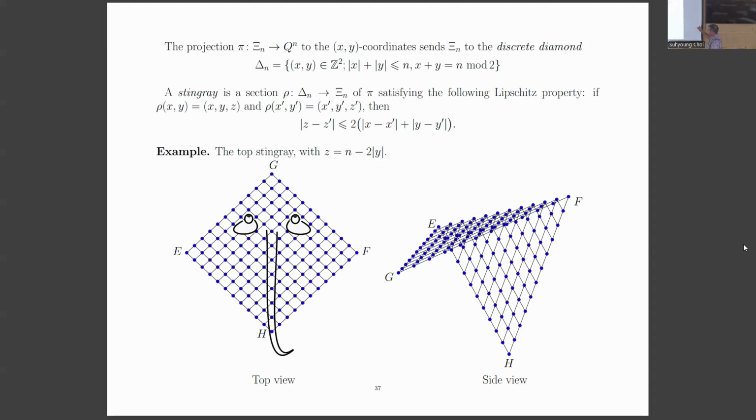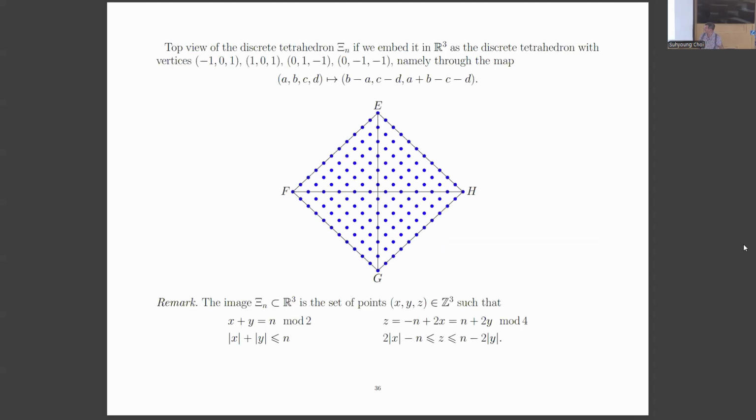A stingray is a section of the projection. Namely, previously, we had this view of a square. We have the square, and what we do is select a point in R3 above each of these dots here. So that's a section.